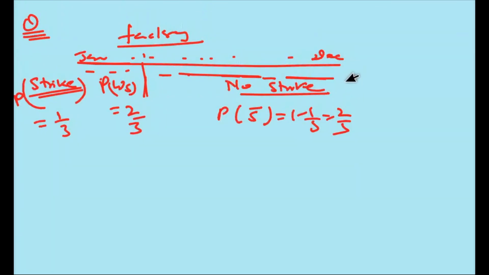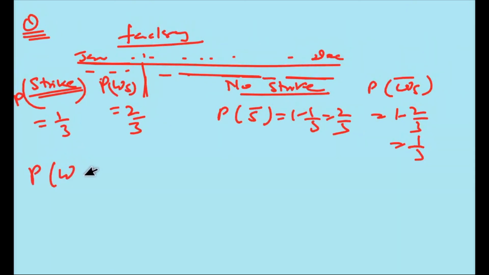Therefore, during no strike, the probability of work is 1 minus 2 by 3, which is 1 by 3. So now the question is the probability of getting work at strike time. So we can write the probability of getting work when the strike is going on.